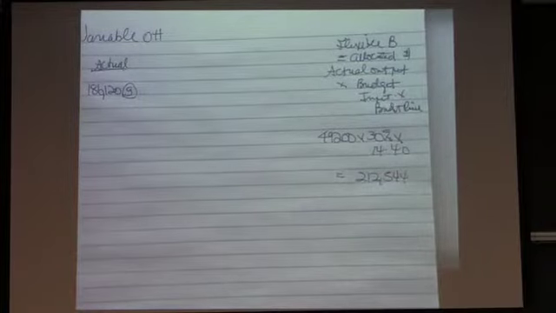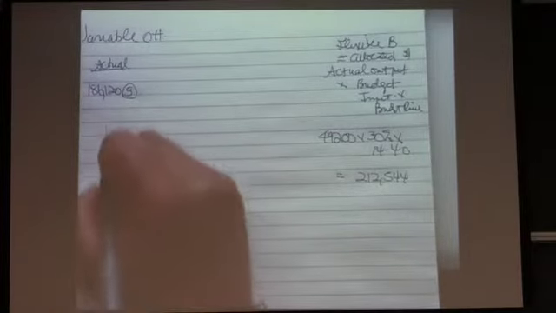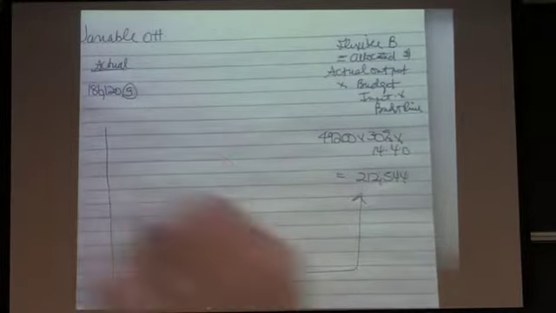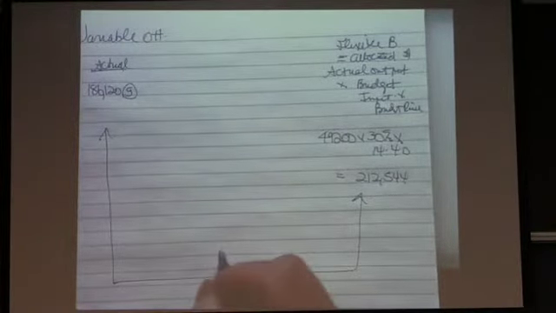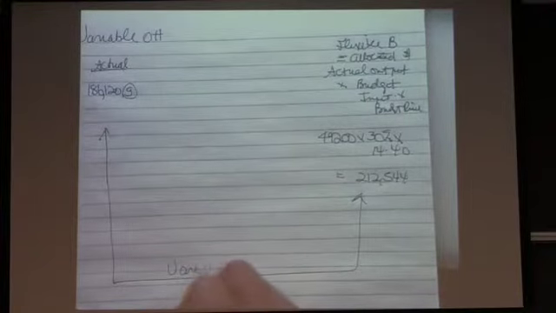That's the flexible budget, and that's also equal to the amount allocated. Now, the difference between these two is what I call the variable overhead variance.